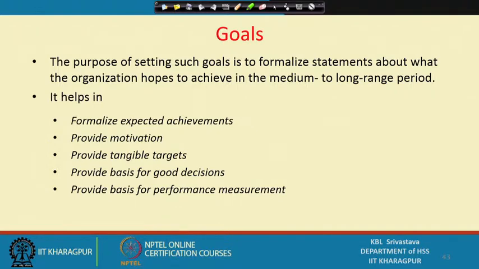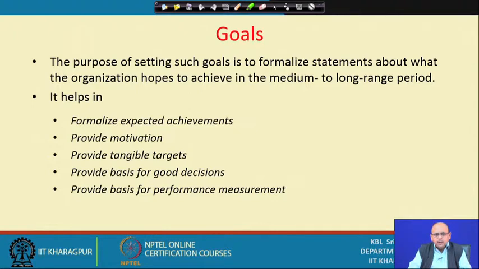So, you are actually formalizing your expected achievement. For example, when you say that you want to achieve 10% of the market share in a particular business or product, it means that you have formalized what you expect in the business. So, that is the first point.